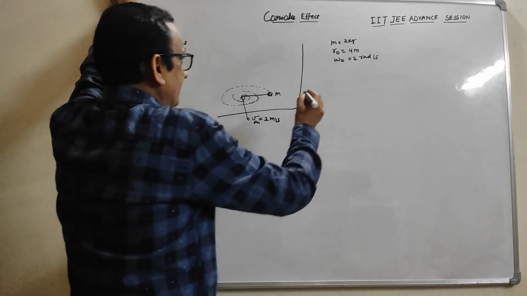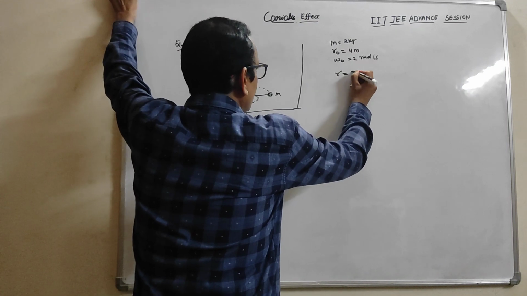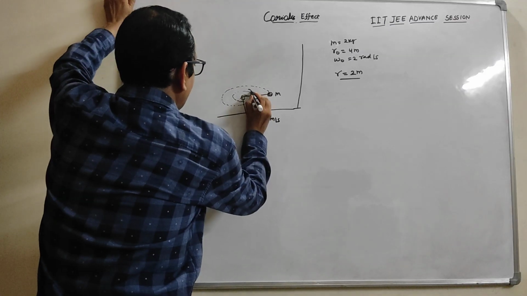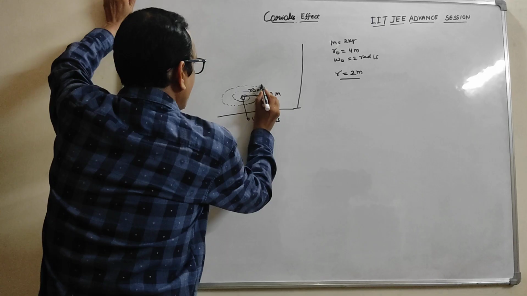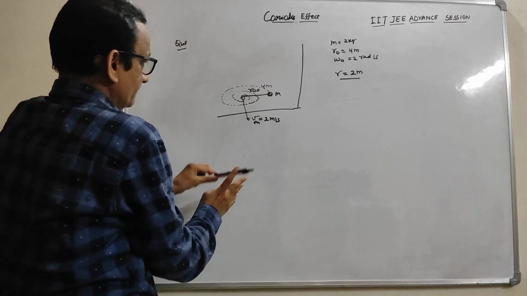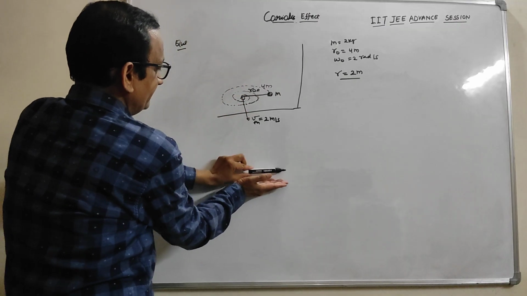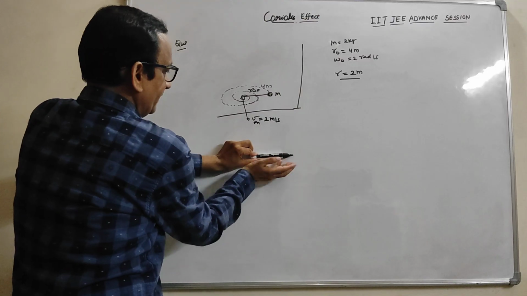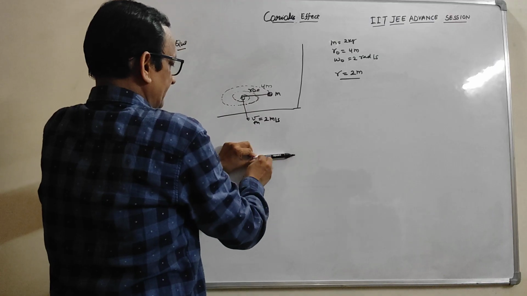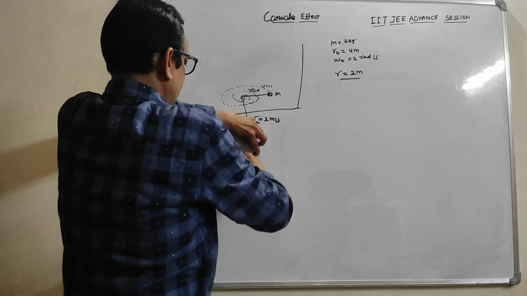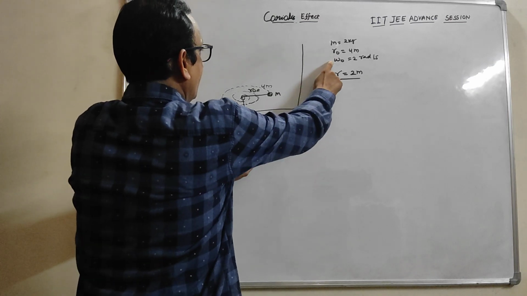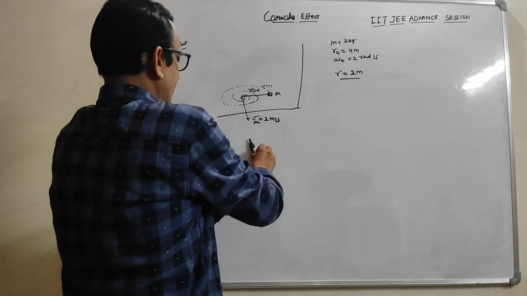So we have to find out when the radius would be 2 meter. This radius initially is r naught, this is 4 meter. This mass is attached with a string, moving with angular velocity omega naught, this is 2 radian per second.